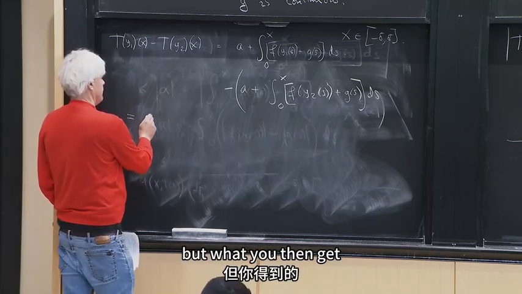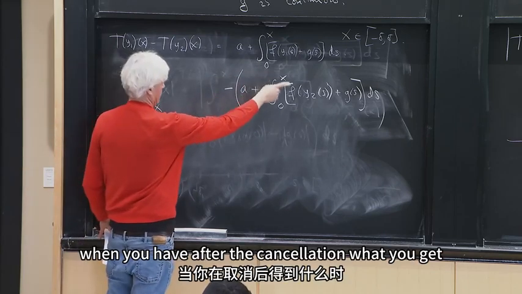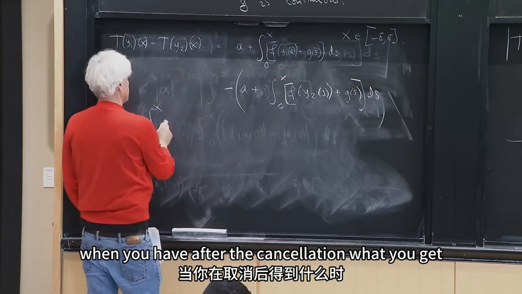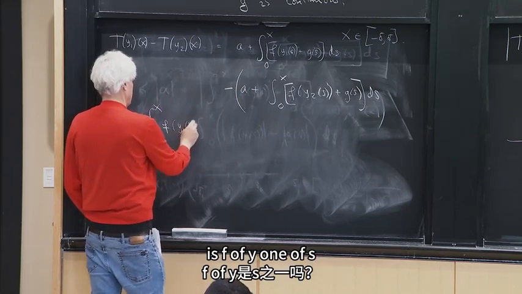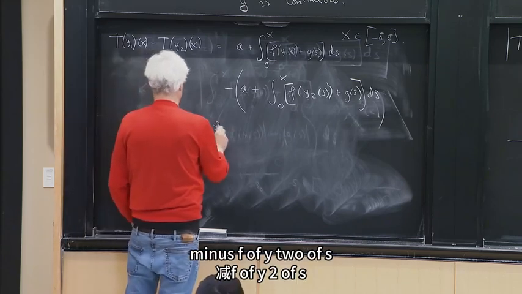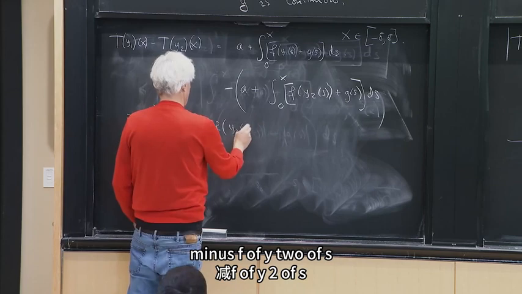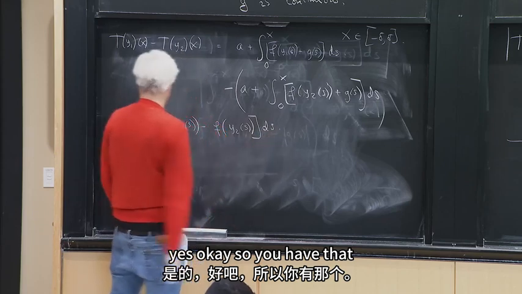But after the cancellation, what you get is the integral of f of y1 of s minus f of y2 of s ds. Okay, so you have that.